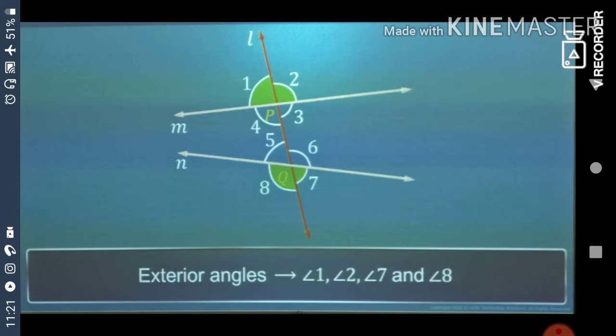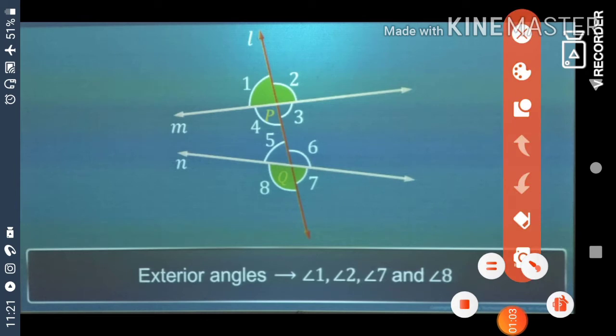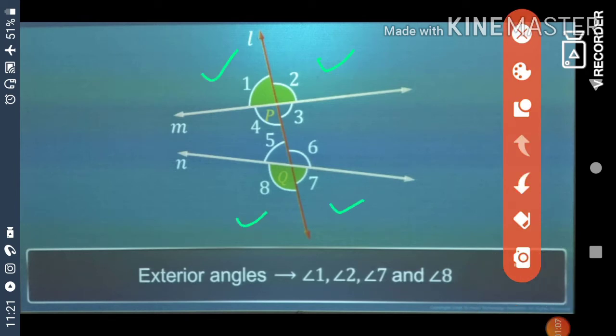As you can see here, exterior angles. Exterior means outside. So the angles which are outside here are 1, 2, 8 and 7. Look at the green ones, 1, 2, 7 and 8. These are exterior angles, because these are made on the exterior side of the lines, outside the lines, not interior.